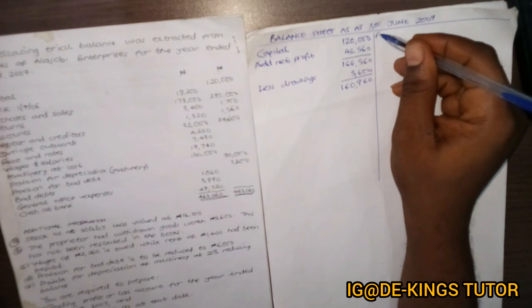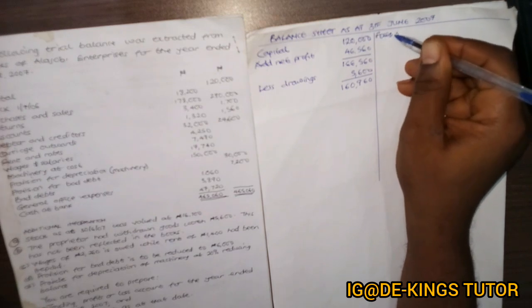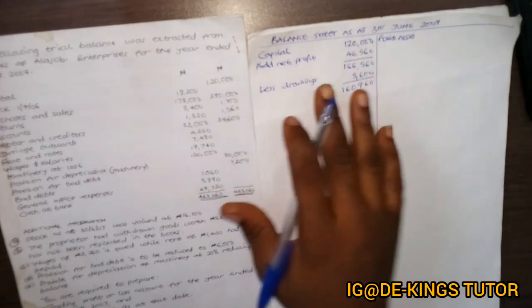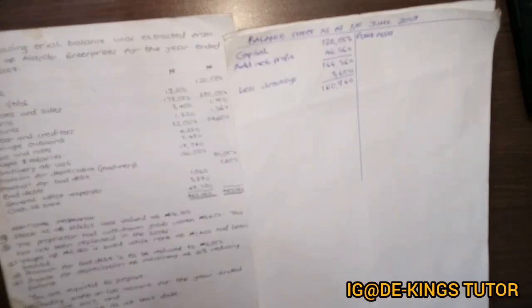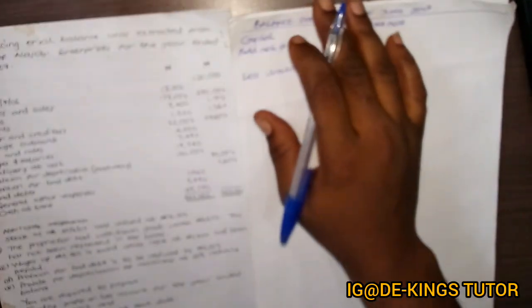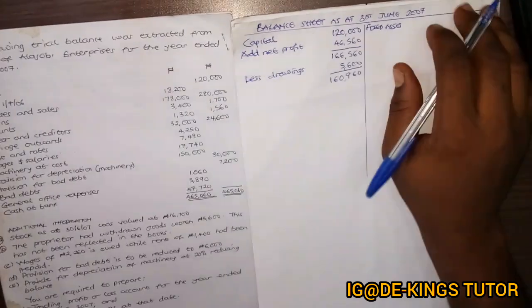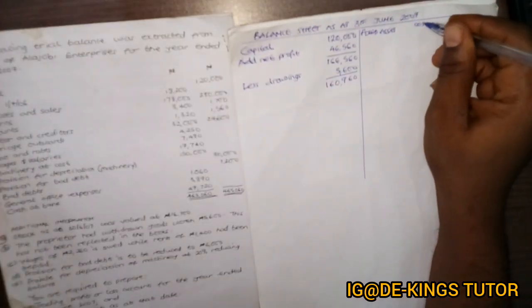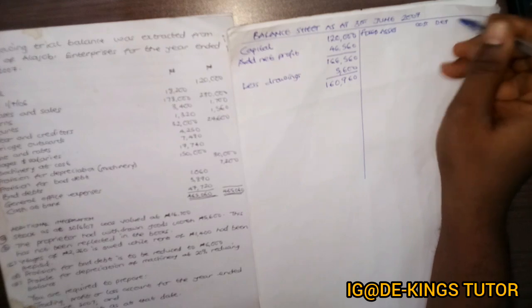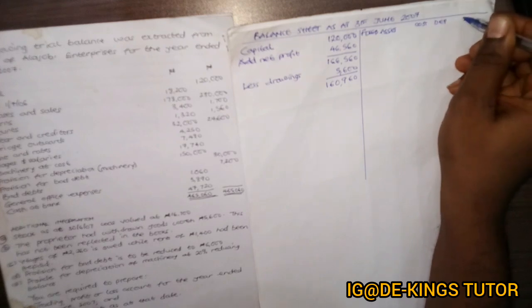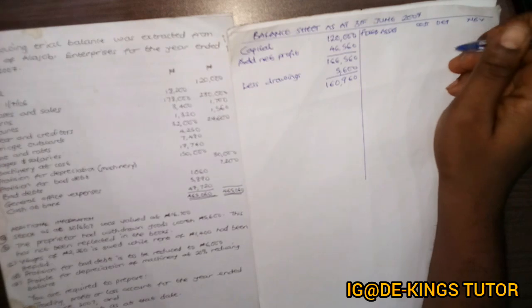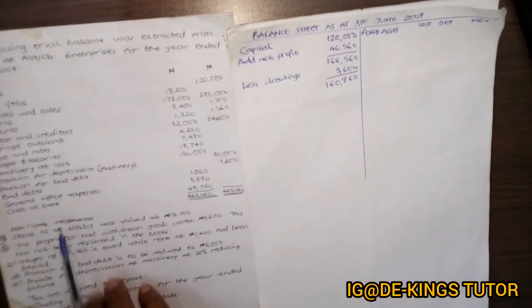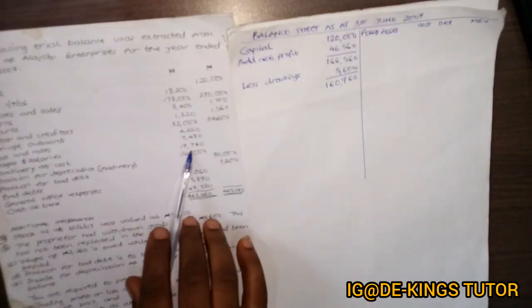Here we'll have the fixed asset. The fixed asset will have the cost, depreciation, and the net book value. What's the cost of this asset?